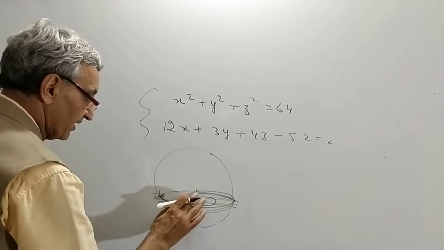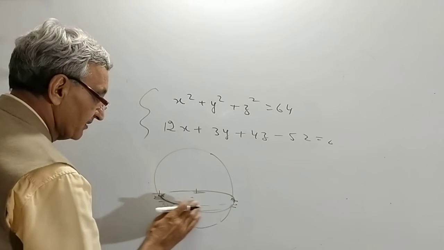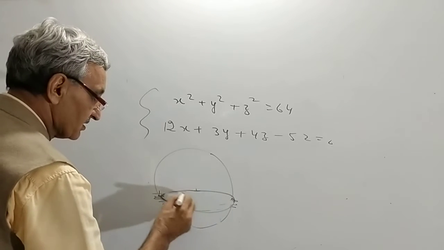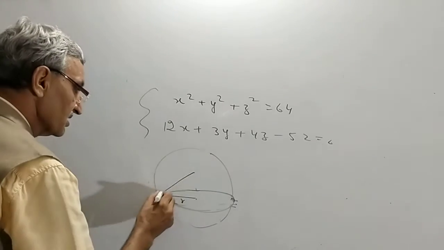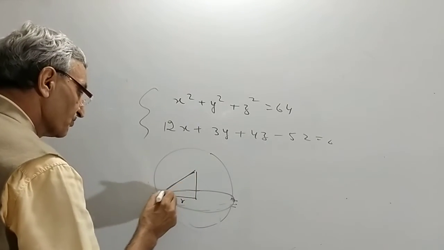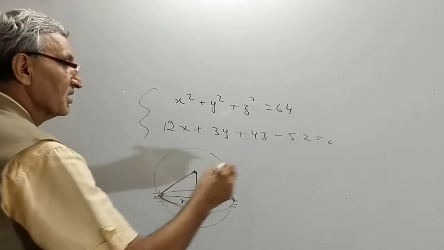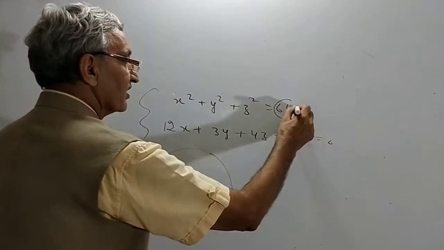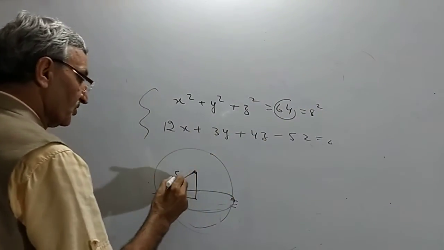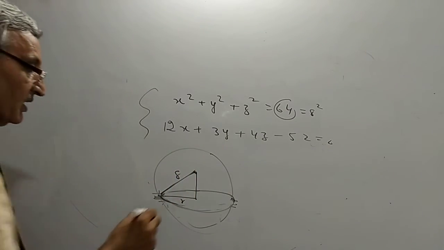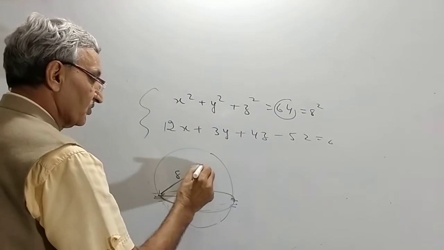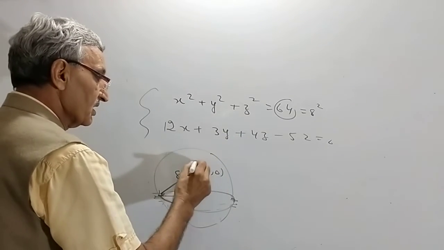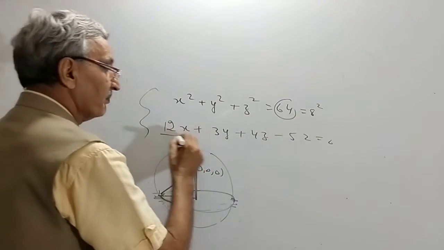Friend, how to find the radius? Let's make this triangle. This is the radius of the sphere, which is equal to 8. What is this? The distance of the center, which is (0, 0, 0), from the plane.